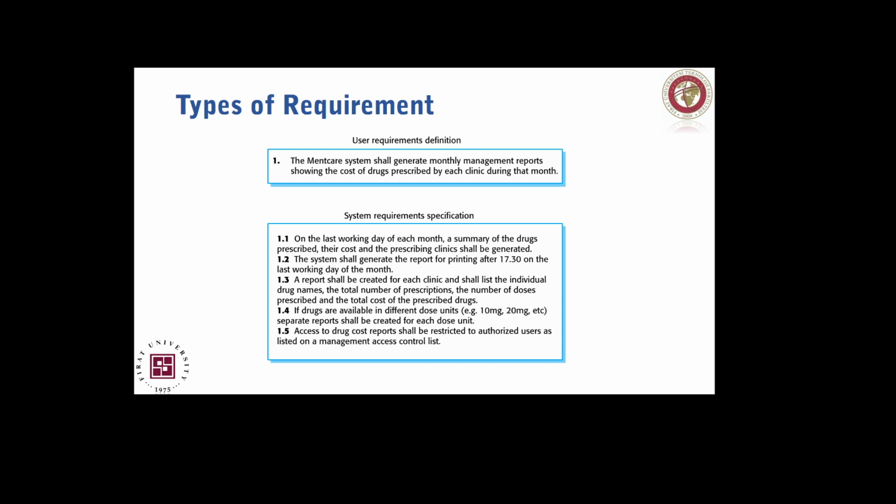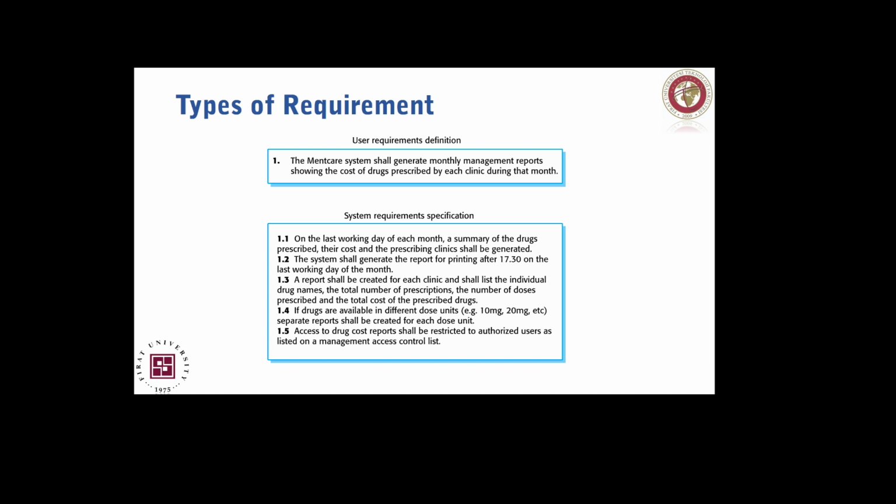Well, if we want to elaborate this one from system requirements specification, we have to go too detailed. So the details here reflect the definition from system perspective. So for the system perspective now, let's look at it. Initially, we have to define on which day we need to provide the report. The second thing, at what time we need to provide the report. The third thing, what kind of report we need to provide.